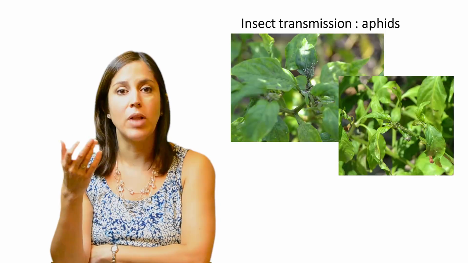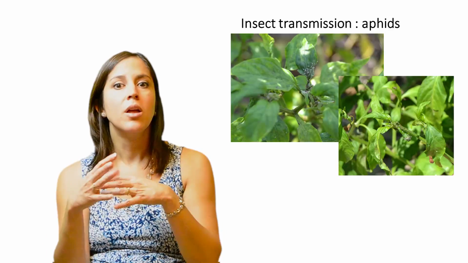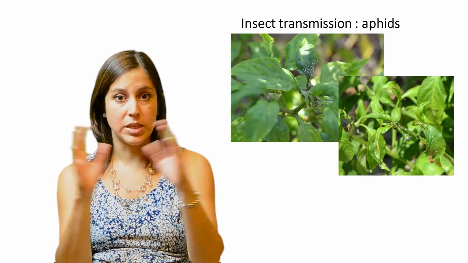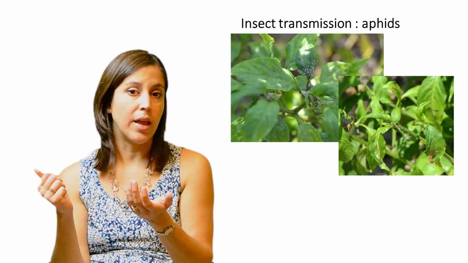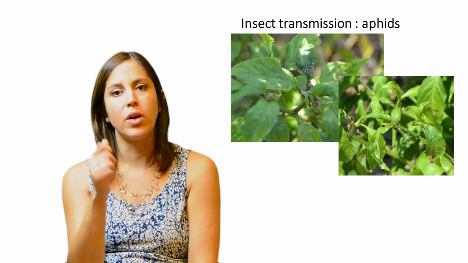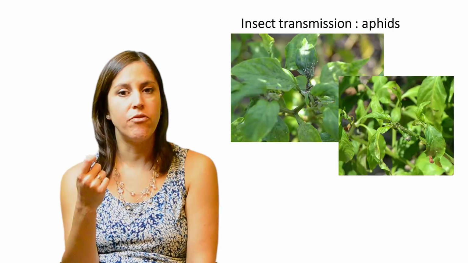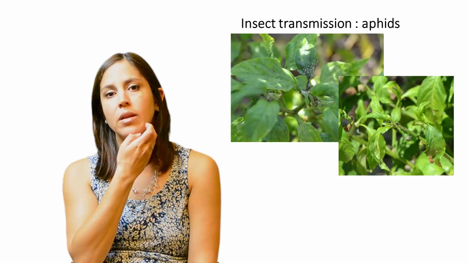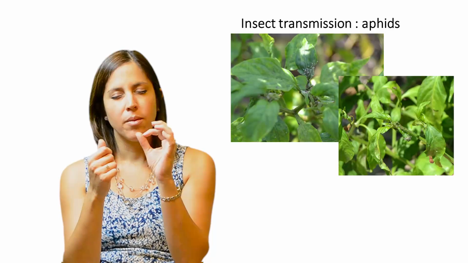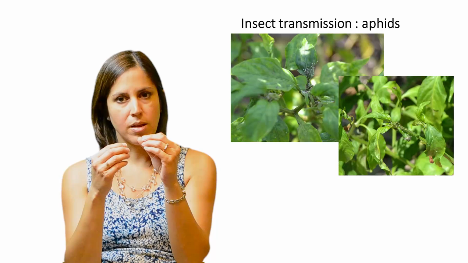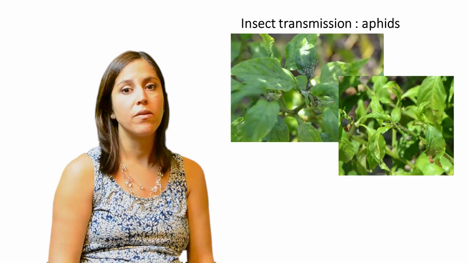This is most likely how the virus was spread in this field, by insects like aphids. You can see this is very classic in the very young tender tissue. That's where they feed, and you can see the black and white, which is basically from the aphids.